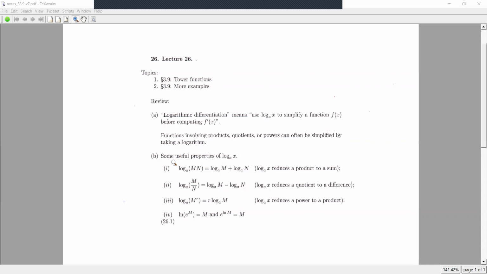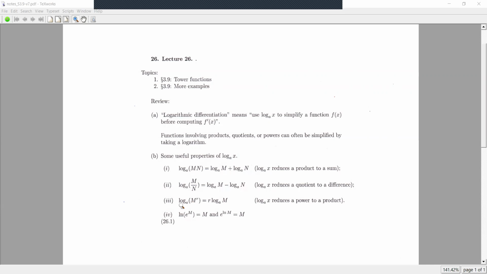B, the following four properties about log are the properties that we use in logarithmic differentiation. Property number one, log can reduce a product to a sum. Number two, log reduces a quotient to a difference.